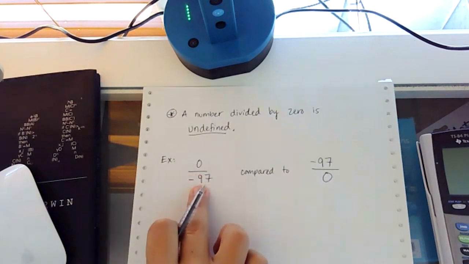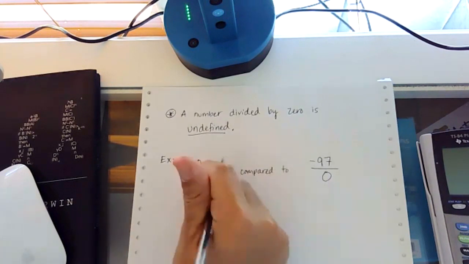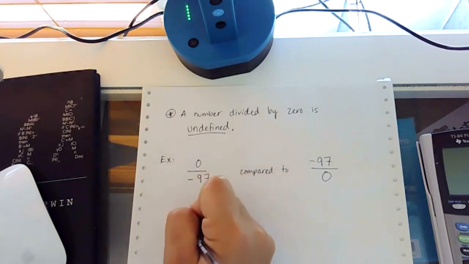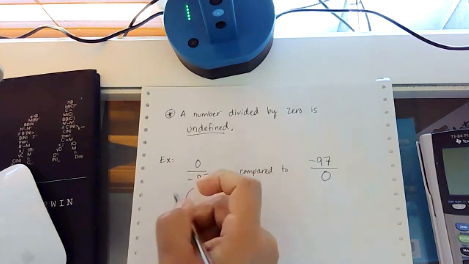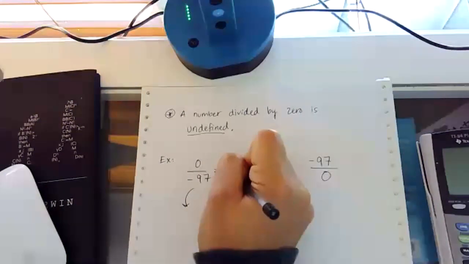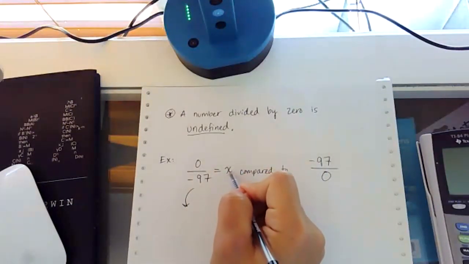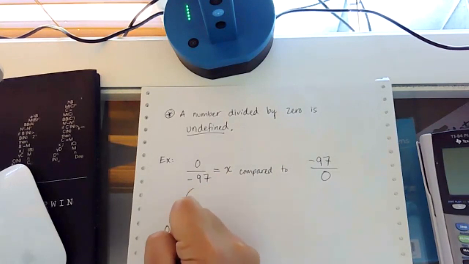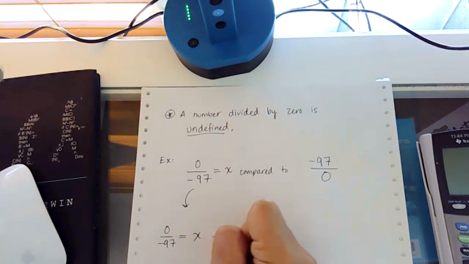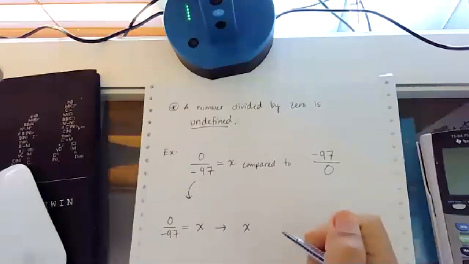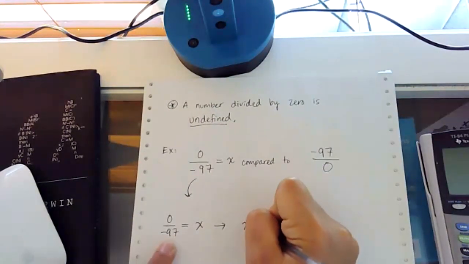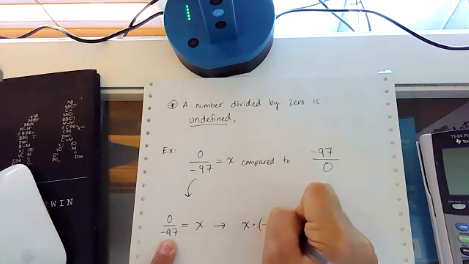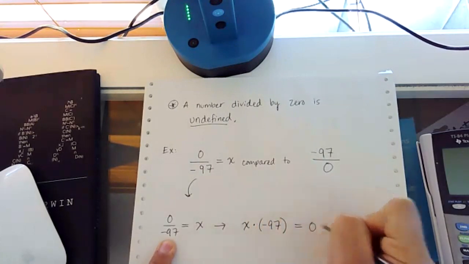This one implies that we can solve this one, because if we think about it in terms of what it implies, let's say we want to solve this for x, for whatever this missing number is, then 0 divided by negative 97 equals some number implies that some number times negative 97 is equal to 0.